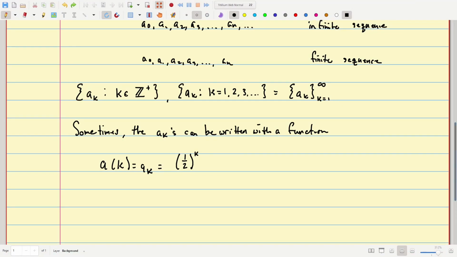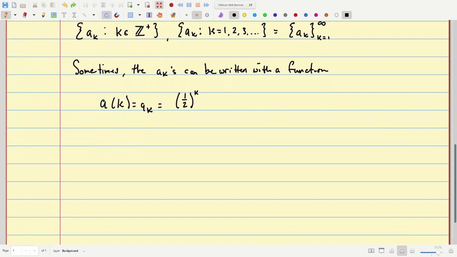The thing that is the most important about this is whether or not the sequence converges. For a convergent sequence, the property is this.